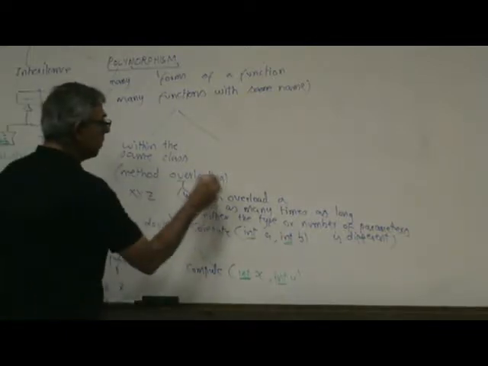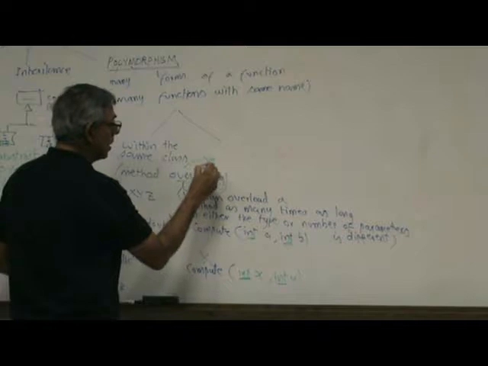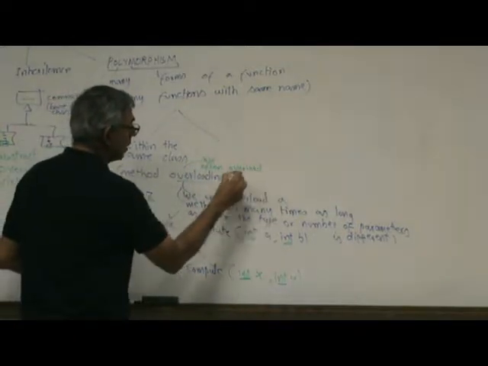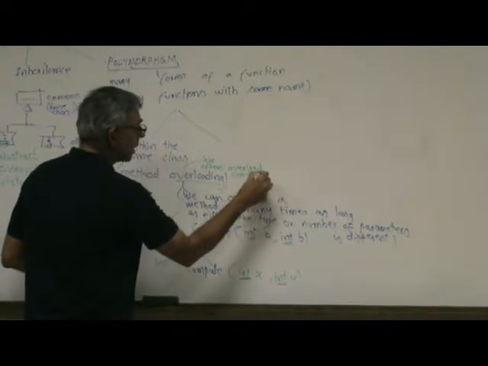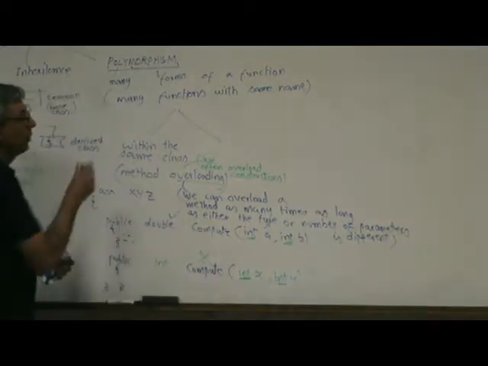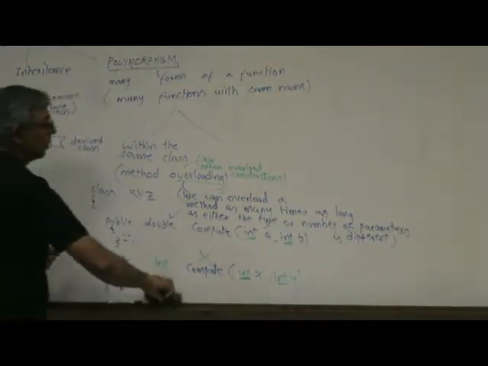Okay. And as you already know, we often overload constructors, because remember, a constructor is like a method, right? Okay, so that was the easy form of polymorphism.